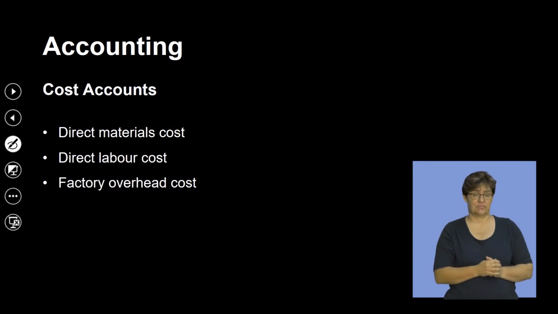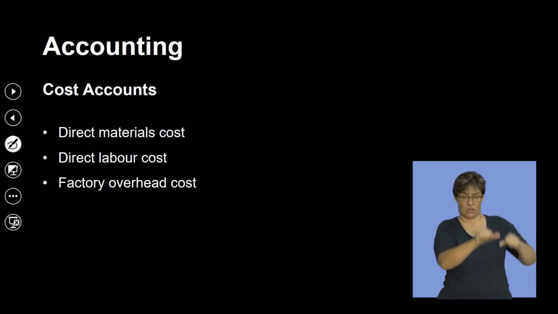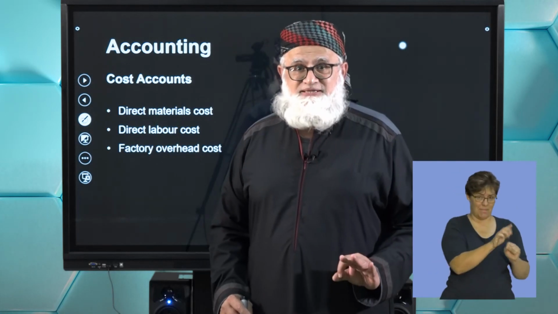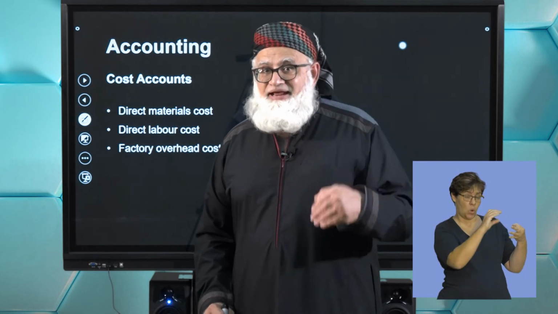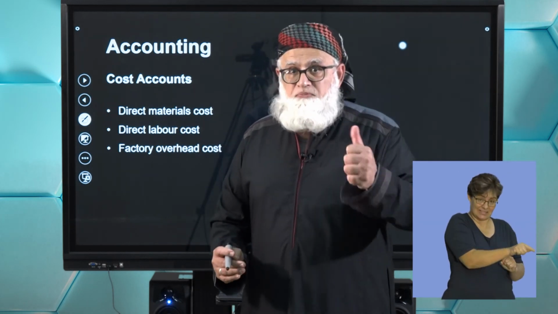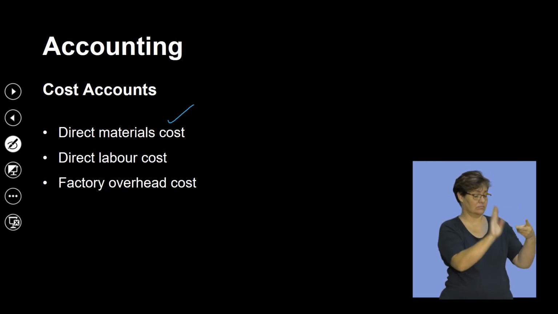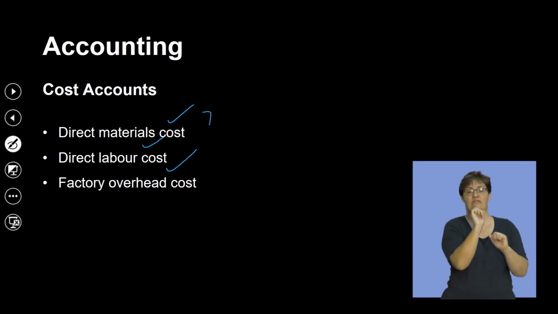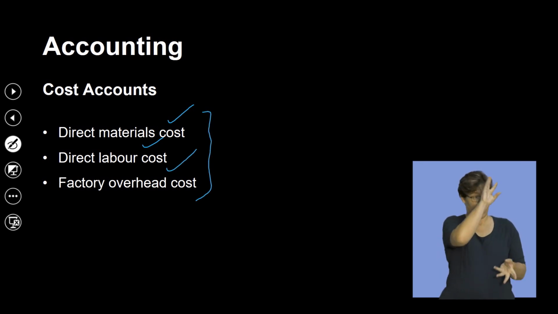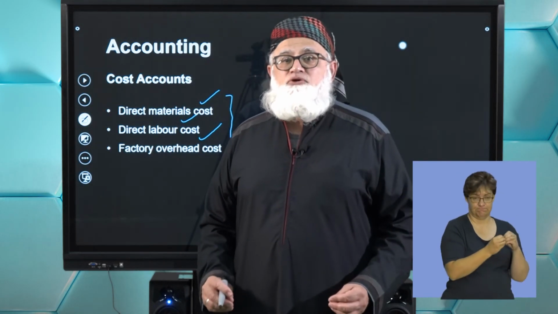Now we came to our cost accounts, and we said there are three cost accounts that impact on the manufacturing of a product. Now this is important. The three cost accounts that impact directly on the cost of a product would be: one, your direct material; two, your direct labor; and three, your factory overhead cost. All of these costs impact directly on the manufacturing of a particular product.